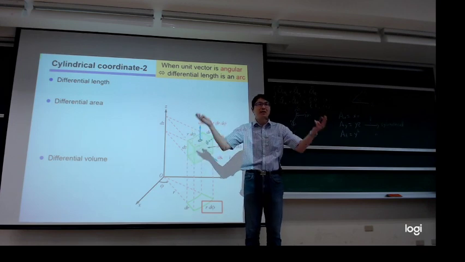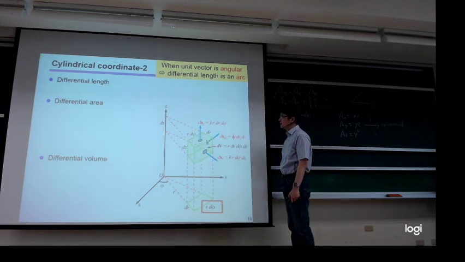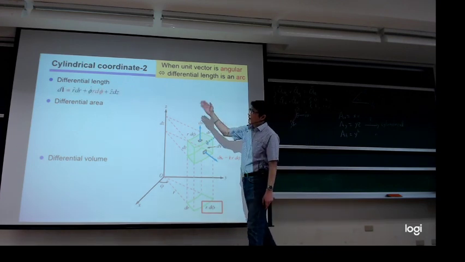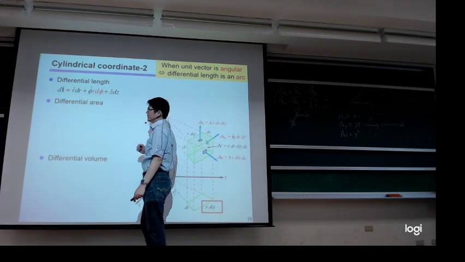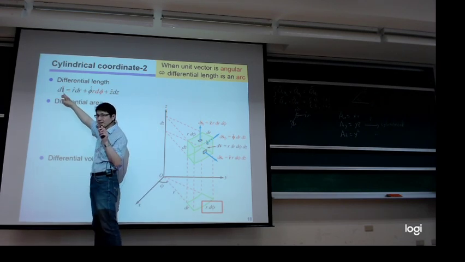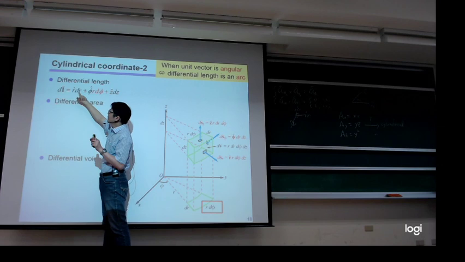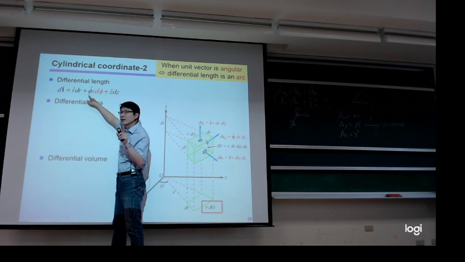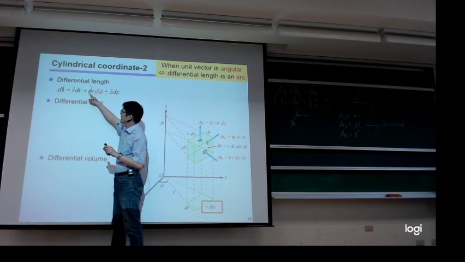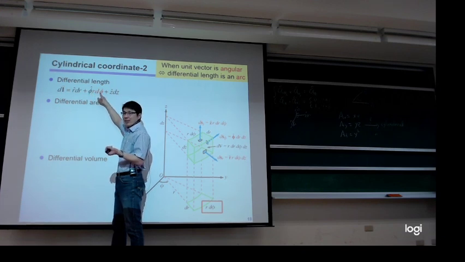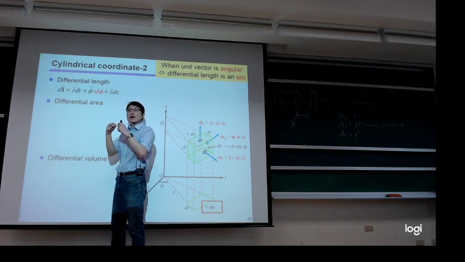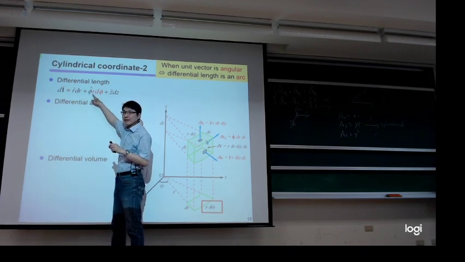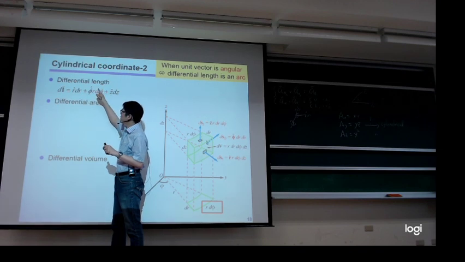Because it's bigger. So therefore, the differential length in cylindrical coordinates, dl, a vector, would be dr in the r direction plus, remember, when you have the unit vector as an angle, your differential length is an arc. An arc is radius dependent, so you have to multiply the radius r by d phi.